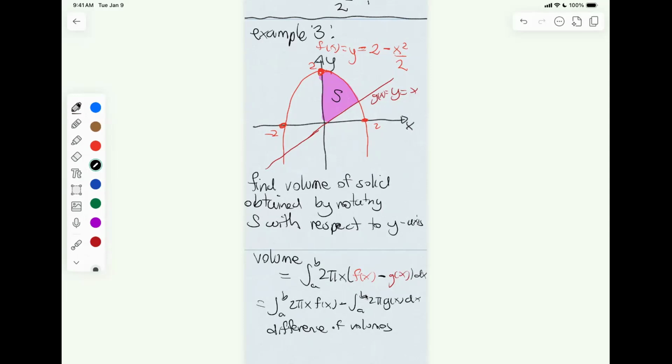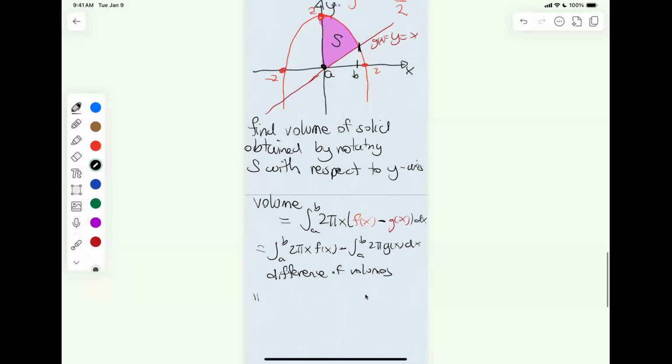So here is A, right? And B in this case corresponds to this point, because those would be the bounds of integration. A is not a problem, it's 0, but B is a more interesting calculation to make.